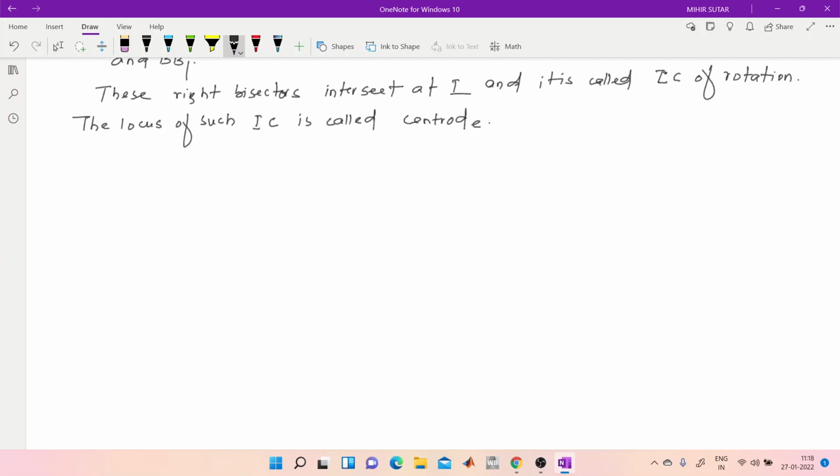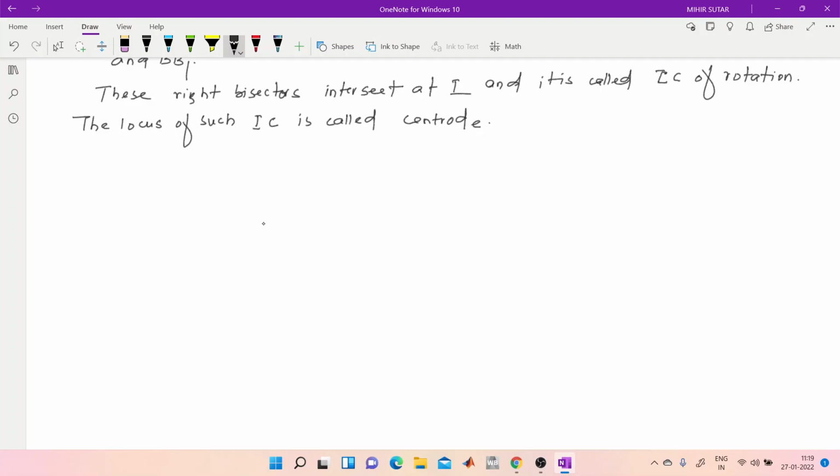Right. So these right bisectors, when they intersect at this instantaneous center, it is known as the instantaneous center of rotation, and the locus of this instantaneous center is known as the centroid.